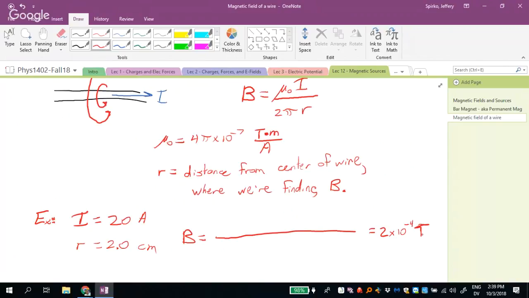mu naught times I divided by big parentheses 2 pi r.